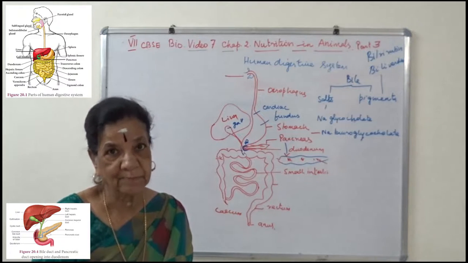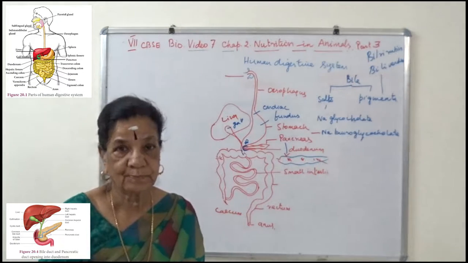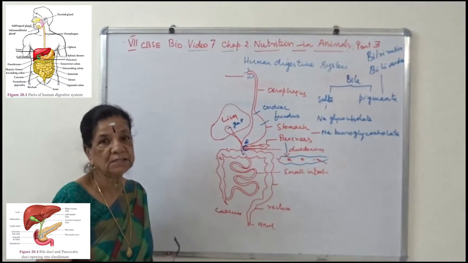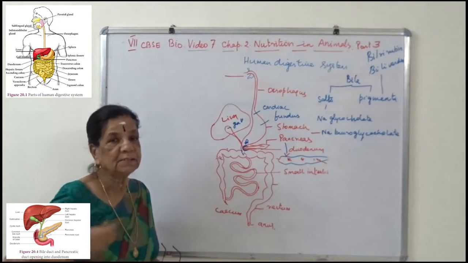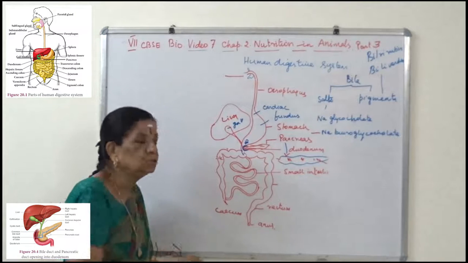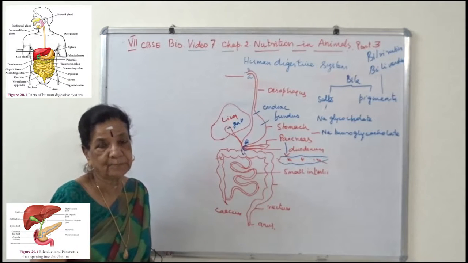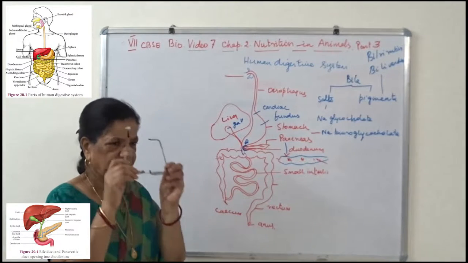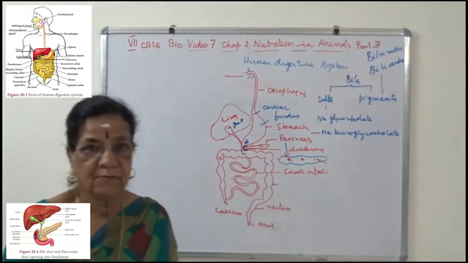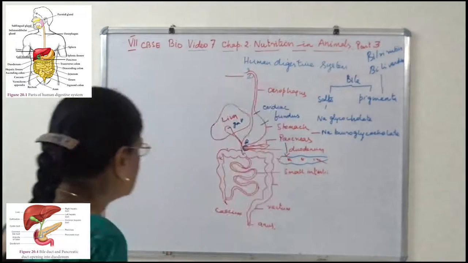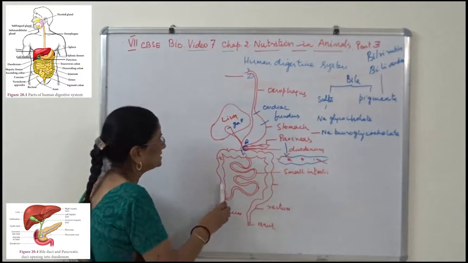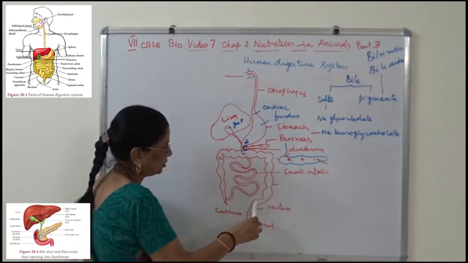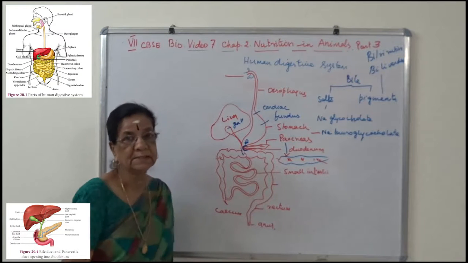Ileum, I-L-E-U-M. I hope you follow. That small intestine is continued as the large intestine, and before that it has a blind pouch called the cecum. Then the large intestine has the ascending colon, transverse colon, descending colon, rectum and anus.